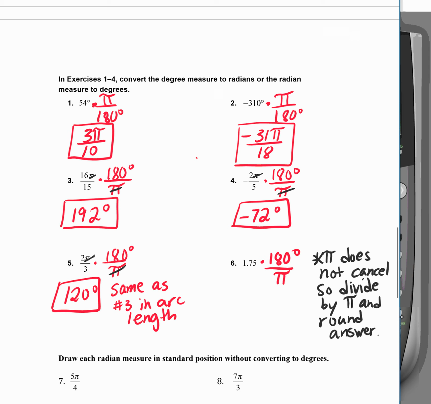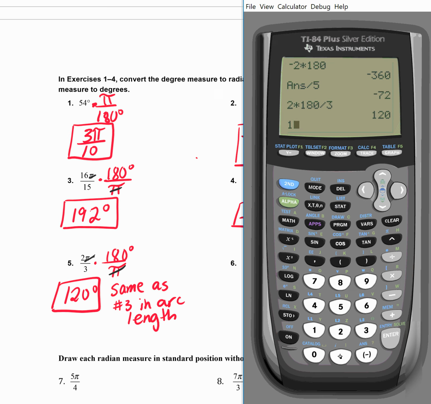It does not specify what to round to here, so let's just do 2 decimal places. And you actually want to use your pi button also. So second, the little caret button will give you pi, 100.27 degrees.